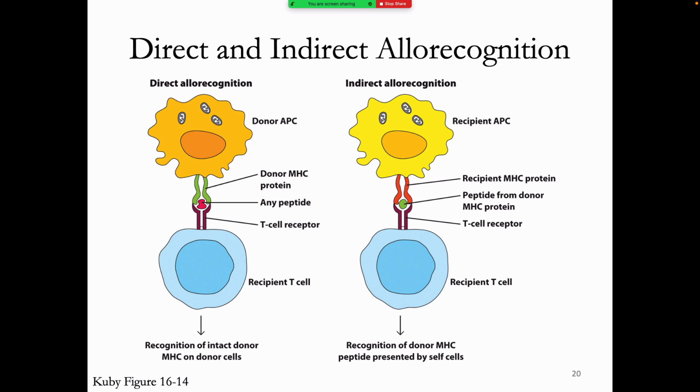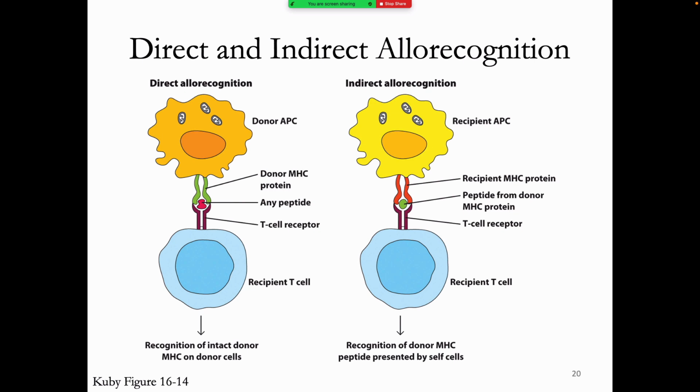One of the proteins in that cell is MHC, because remember, all cells have MHC class 1. That MHC class 1, from the other person, the not you, is going to get chewed up into peptides, and your MHC is going to present those peptides.